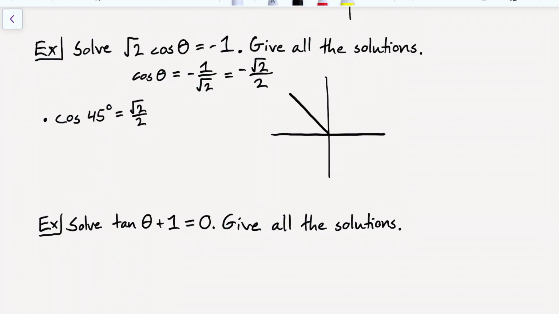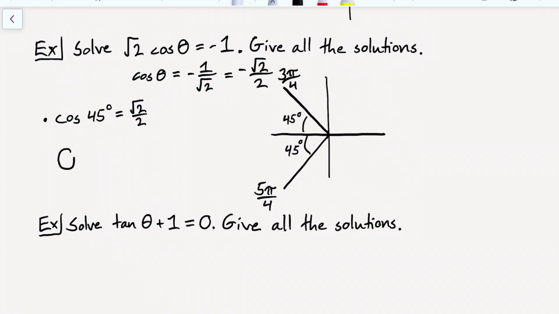Cosine is negative in quadrant 2 and in quadrant 3. These would both have a reference angle of 45 degrees. This angle, measured from the positive x-axis, is 3 pi over 4. This angle is 5 pi over 4.